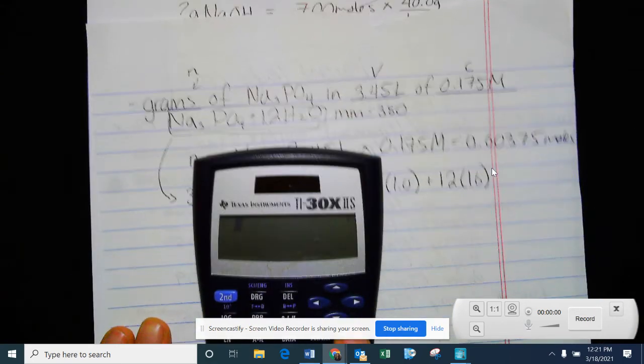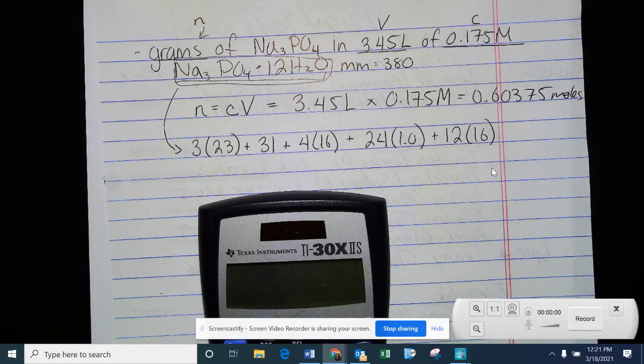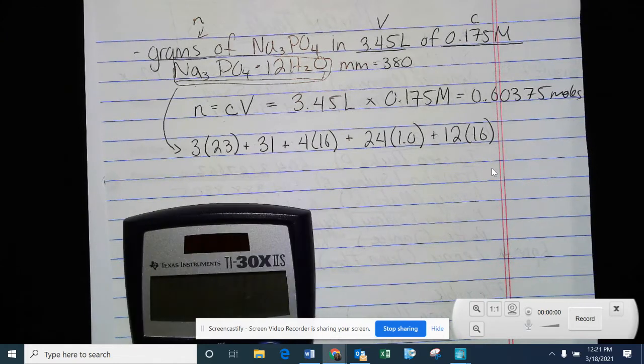Okay, so if I throw that in my calculator, 3 times 23 plus 31 plus 4 times 16 plus 24 plus 12 times 16. It's a huge molecule. Oh, 337, right?